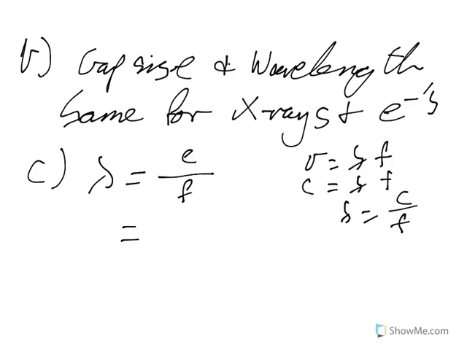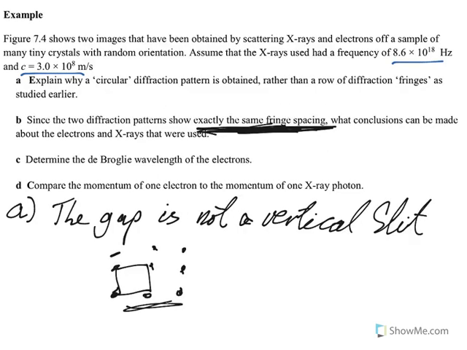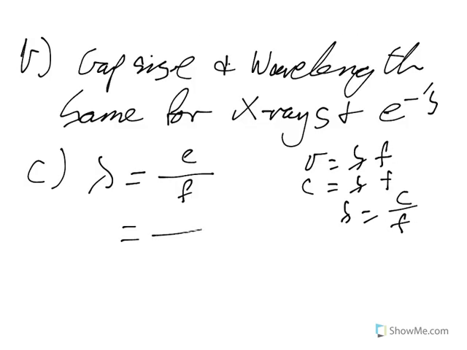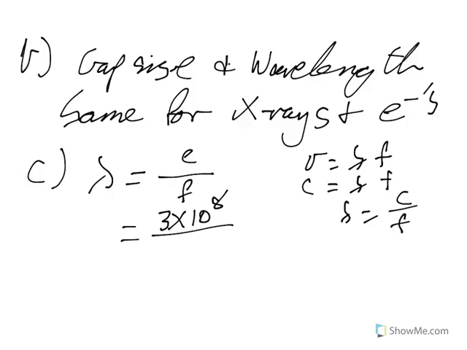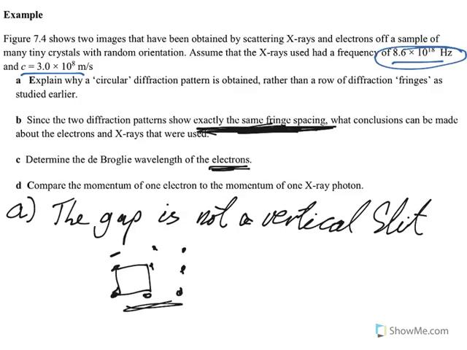So we're asked the wavelength of the electrons, but what we said in part B was that the wavelength of the electrons and the X-rays is the same. So C is 3 by 10 to the 8, and the frequency of the X-rays is here, and so the X-ray wavelength and the electron wavelength will be the same.